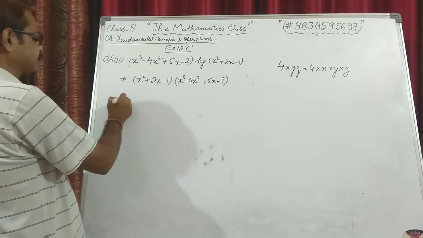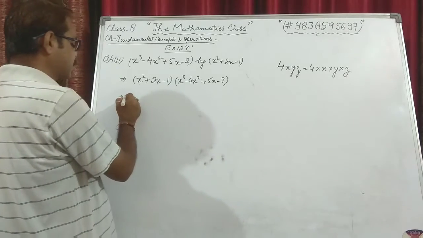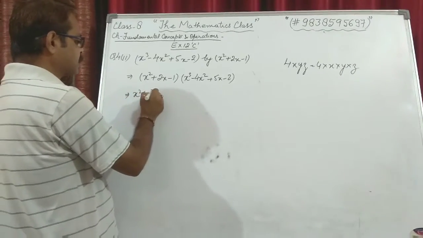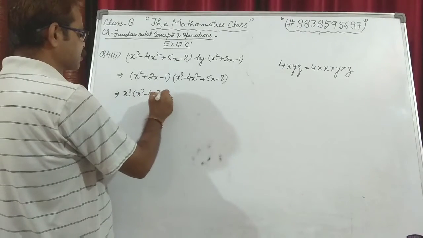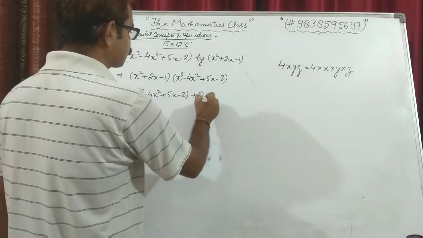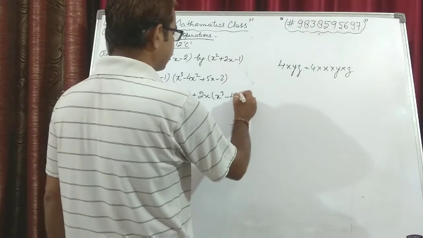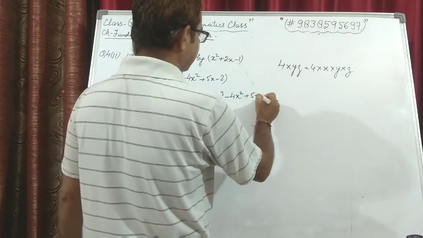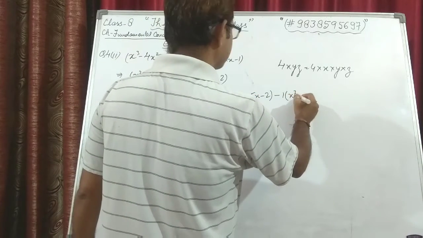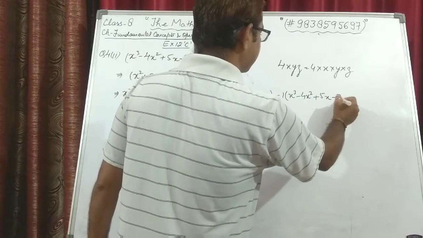Now what we do, first x square will be multiplied to the whole of this, so I am expanding this, that is x square into x cube minus 4x square plus 5x minus 2, plus 2x into x cube minus 4x square plus 5x minus 2, and then minus 1 into x cube minus 4x square plus 5x minus 2.